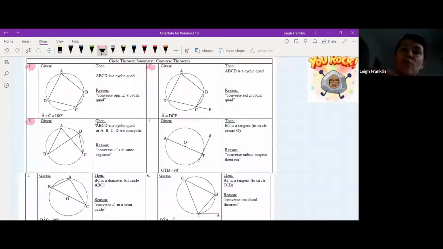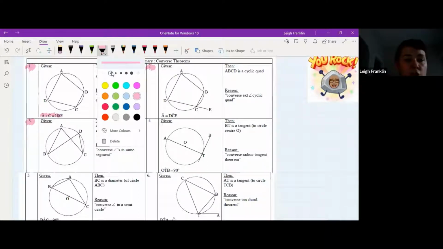So if we can show by other means that angle A plus angle C is 180 degrees, then it means that ABCD is cyclic. If A plus C equals 180, and ABCD is cyclic, we will use the reason converse opposite angles of a cyclic quad, okay?